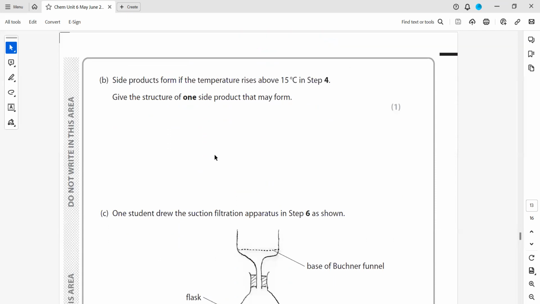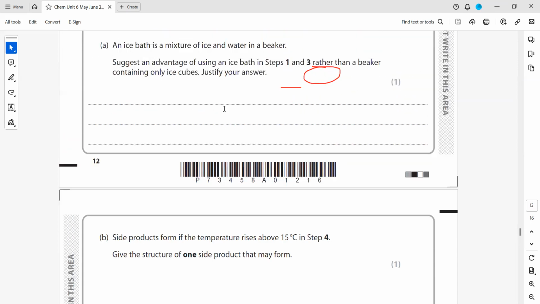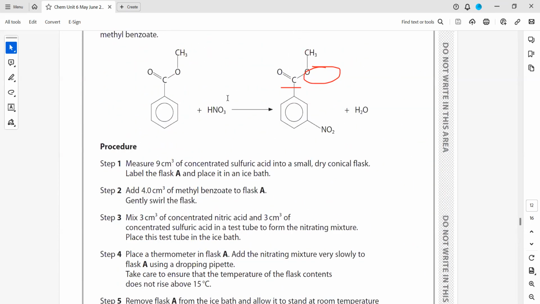What side products form if the temperature rises above 15 in step 4? As I mentioned, if the temperature is above 15, then multiple nitration may occur. In this one, we have NO2 attached here, but NO2 might also be attached at positions 2 and 4, and the first position is 1, 2.